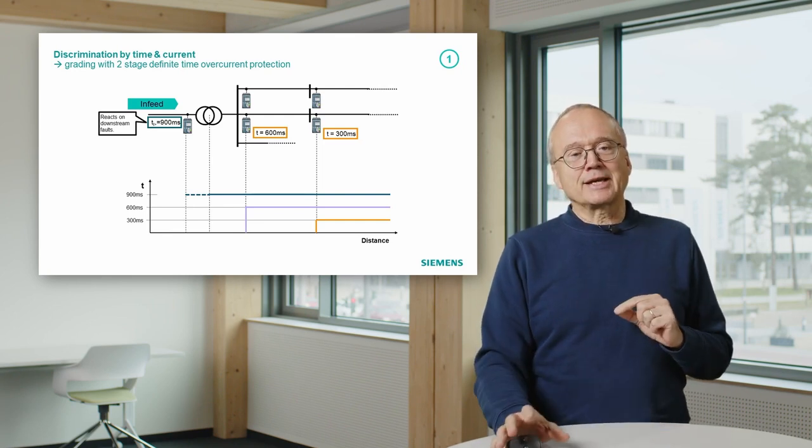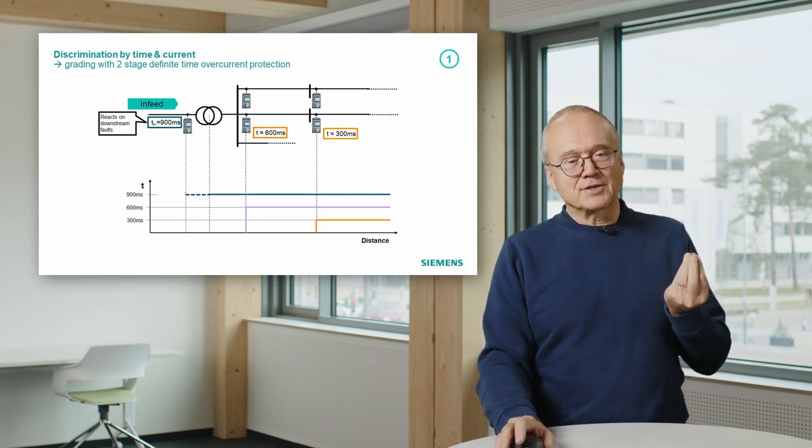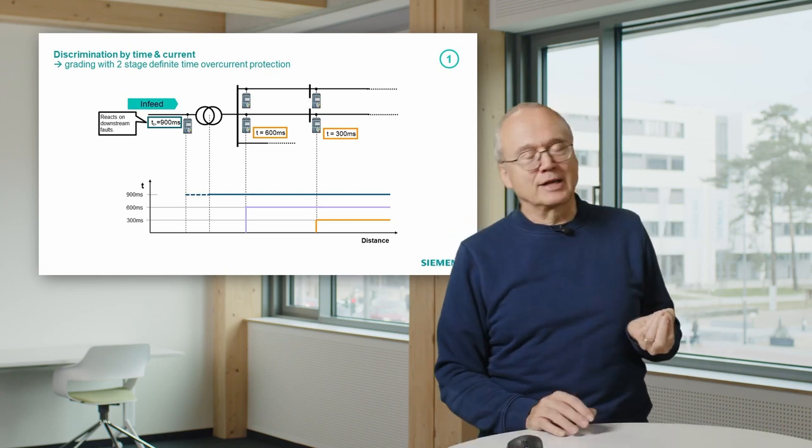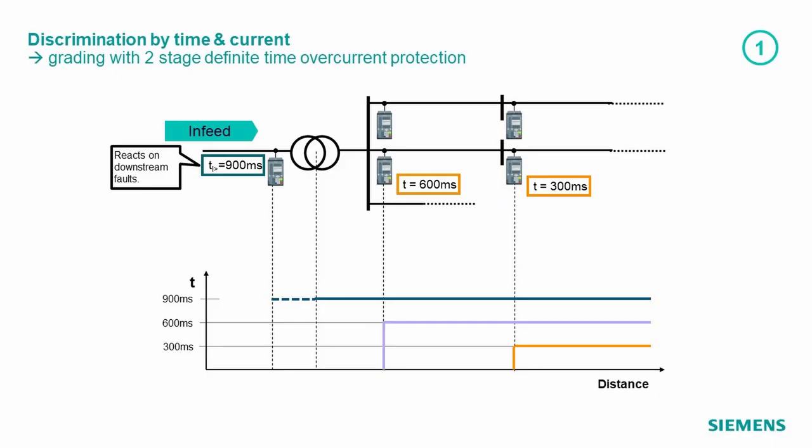And now we can take the current as a criterion and can say if this relay on the left side sees a current which is high enough, it knows that it is not a short circuit on the medium voltage side of the transformer.